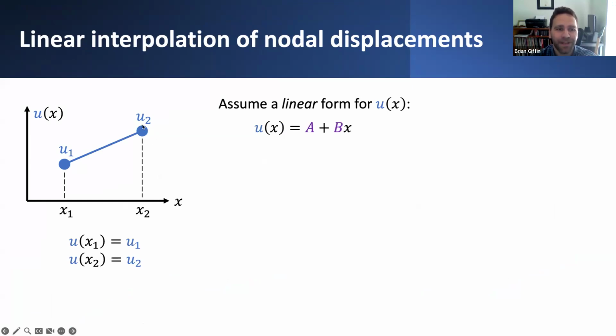And the question is, how do we come up with some interpolatory function over this element that passes through these two different values, u1 and u2, and which varies in a simplified way in between those two values over this element? So we have these two conditions. We want some function, which I'll call u of x, that satisfies these two constraints, that u evaluated at x1 should give us back u1, and u evaluated at x2 should give us u2 within this particular element.